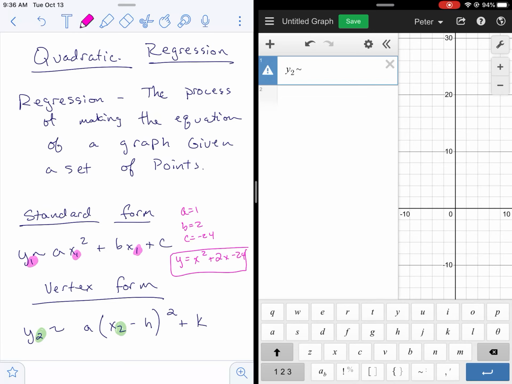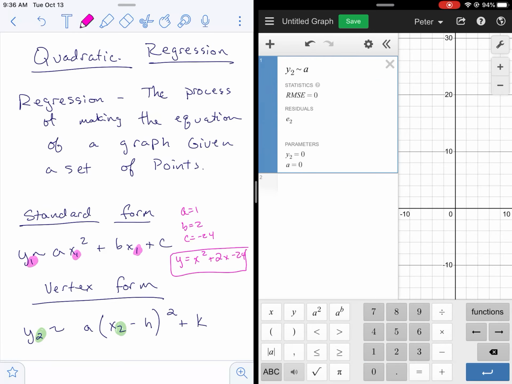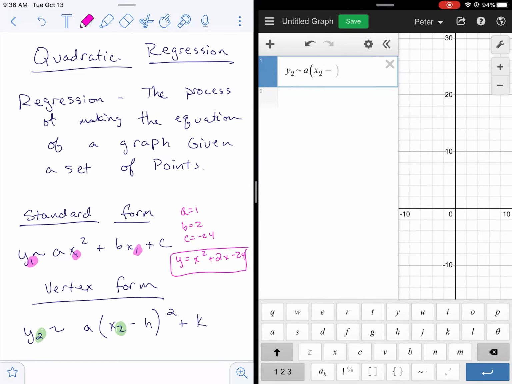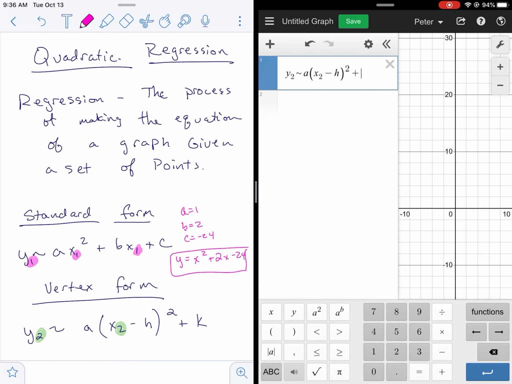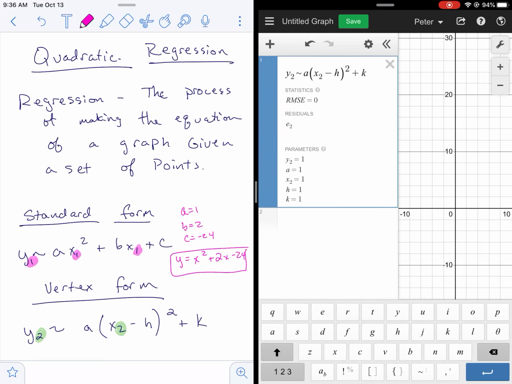Okay, y2, a parentheses, x2. Now, if you say y2, you want to use x2. Minus h, close the parentheses, squared, plus k. And it's going to give us A, H, and K. Those are the numbers we want.